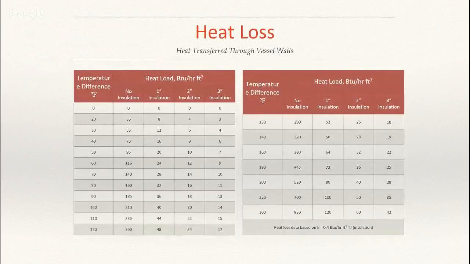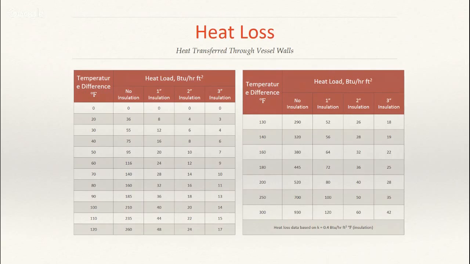Now, we also have to figure out how much heat we're losing in the vessel. So I think I'm going to give you a handy little chart that you may want to reference later or copy. But in this chart, we can look at insulated or non-insulated tanks and how much heat load we're going to lose per hour per foot squared.